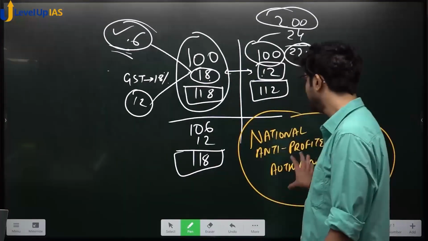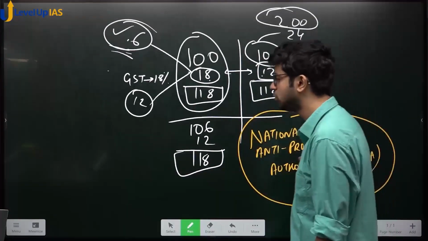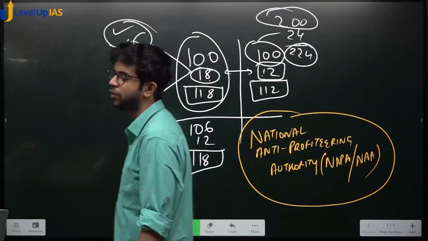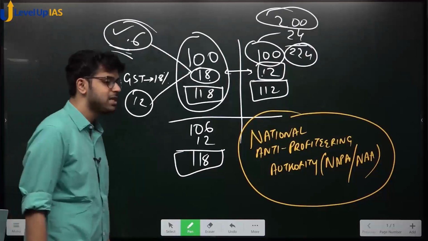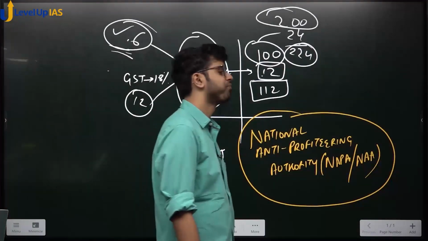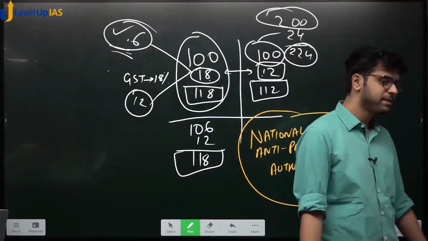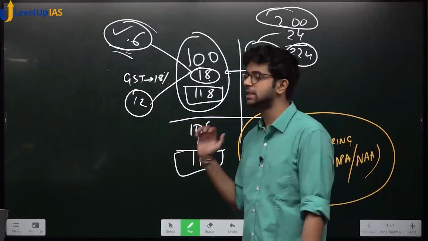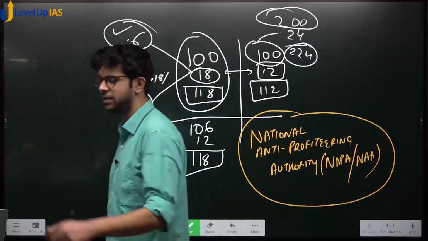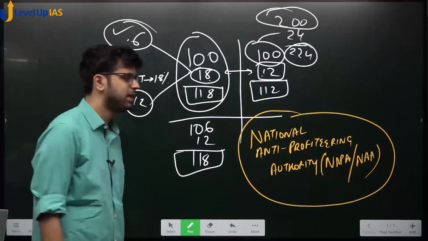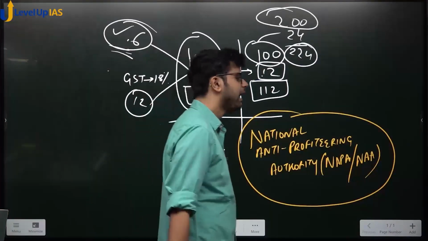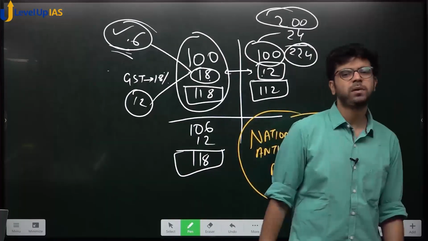Similar power is given to this indirect tax authority, the National Anti-Profiteering Authority, NAPA or NAA, to cancel the business license of those engaged in fraudulent GST practices. They also have other mandates, like underpayment of GST, overcharging, etc., but that is all details. You can read about NAPA if you want, but this is more than enough.